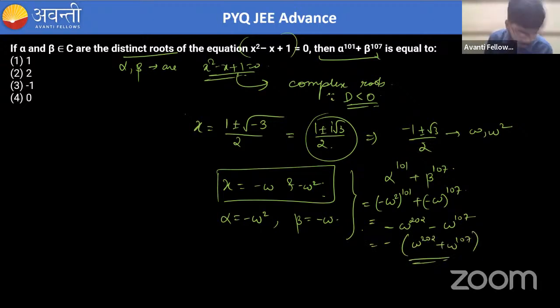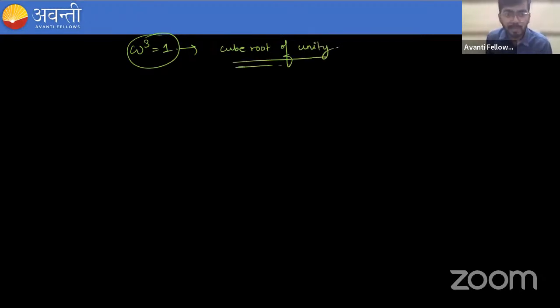So now we have to find out the value of this thing. We already know that omega cube is supposed to be 1 because it is a cube root of unity.